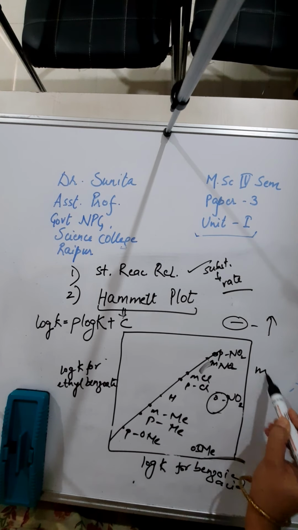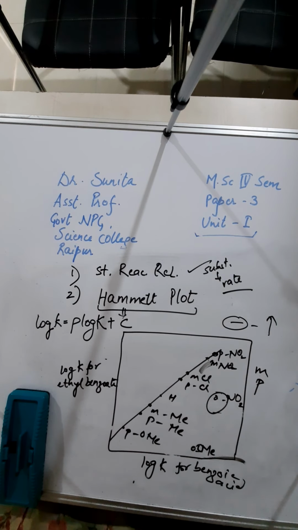Ortho will not fall on the line, and the reason is steric hindrance, because more crowding will be there in the tetrahedral intermediate.